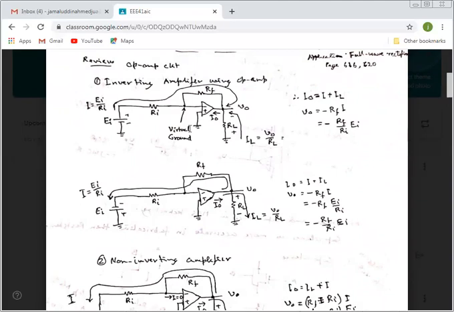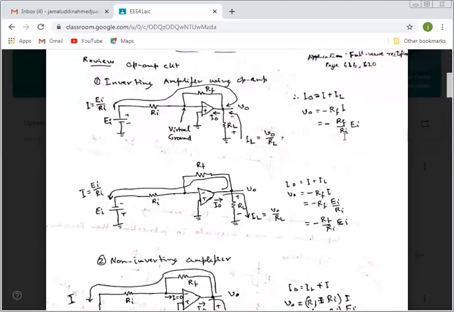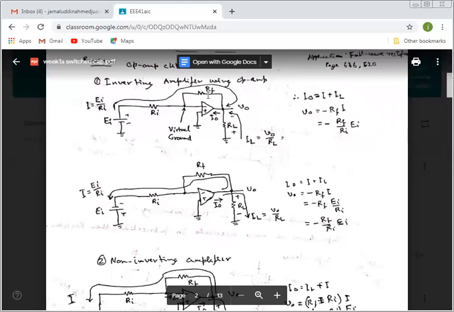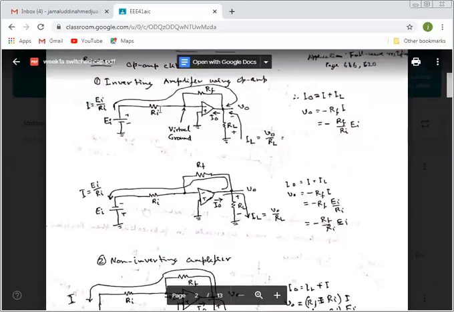And then the output voltage V0 equals minus RF by RI times the supply voltage. RF is the feedback resistance, RI is the input resistance. In this circuit, we did not use any capacitance. We use only resistance.